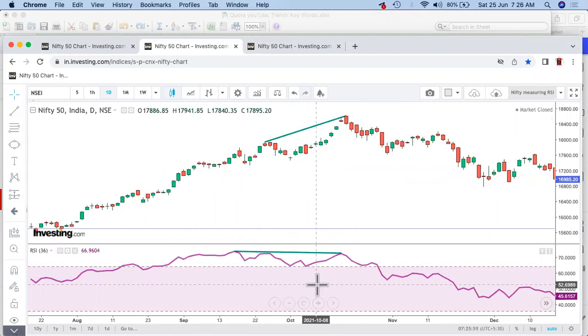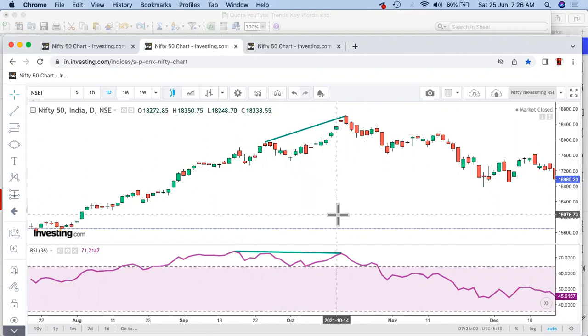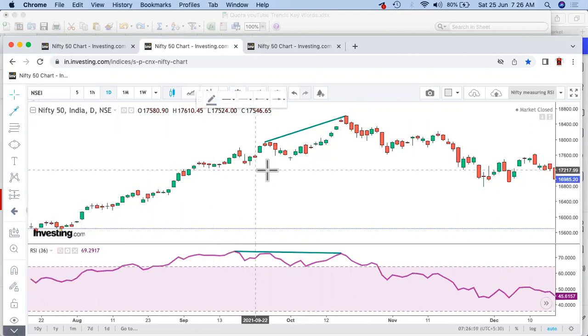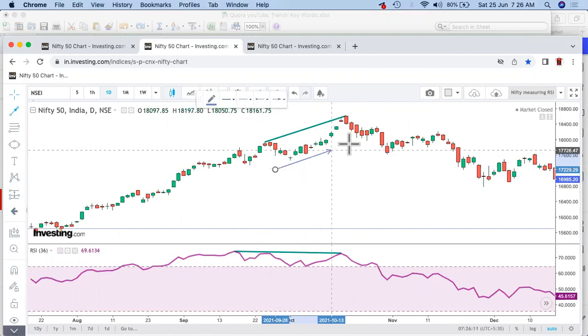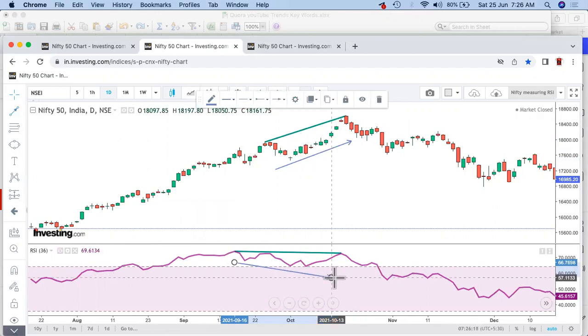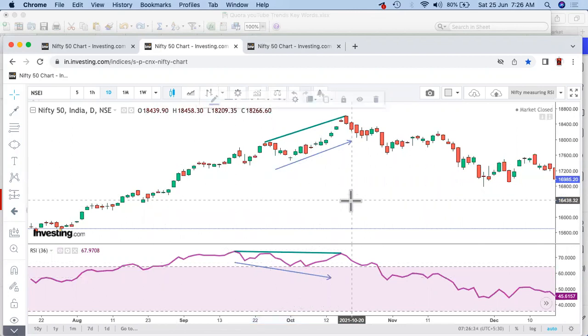And this change is called a bearish divergence. Now, what do you mean by bearish divergence? The price is going up, right? The price is going up, but in terms of RSI, the values have been going down, right? So divergence is basically going in the opposite direction.